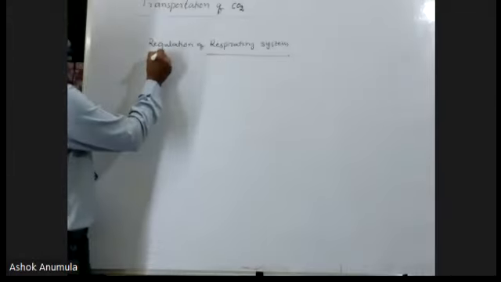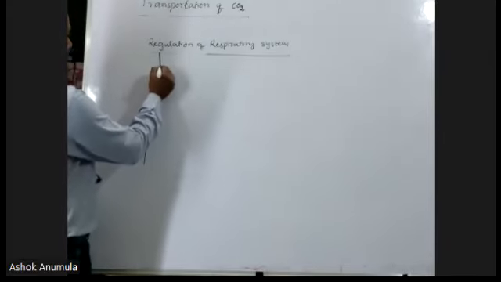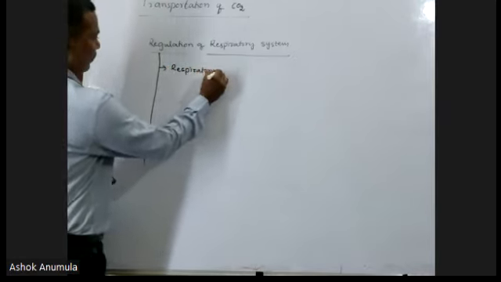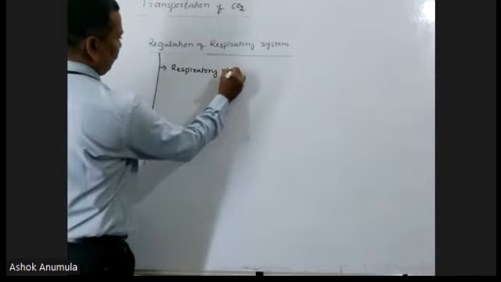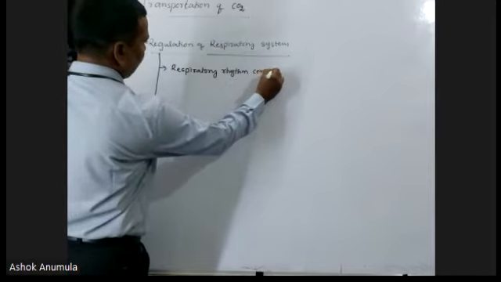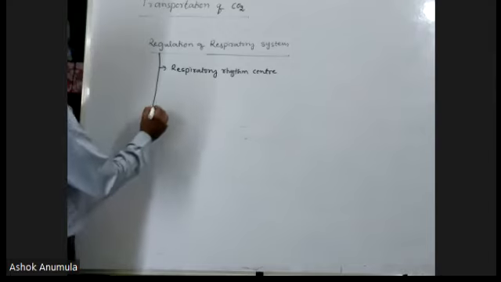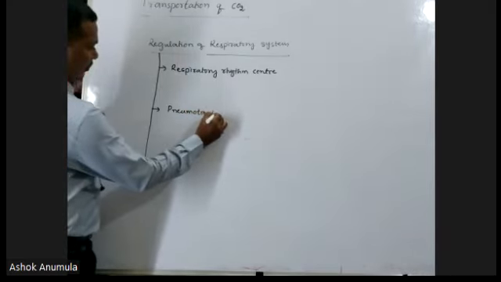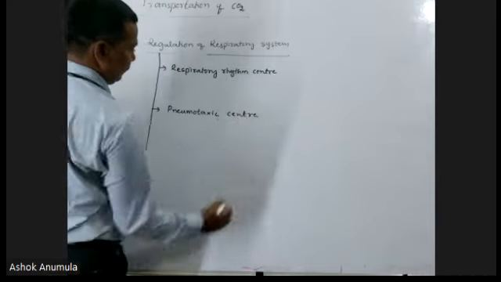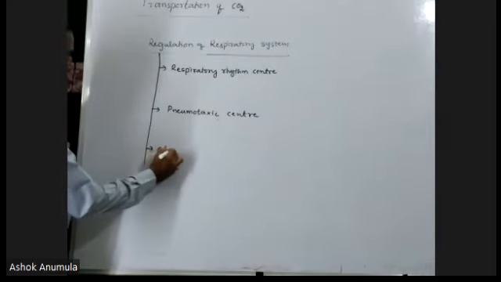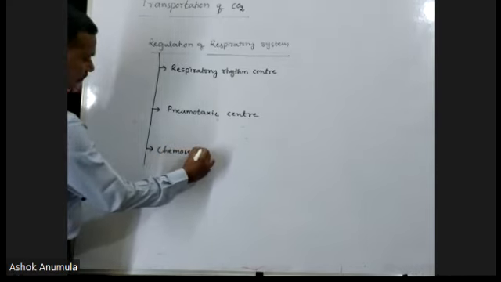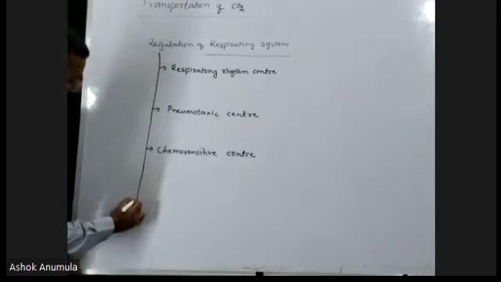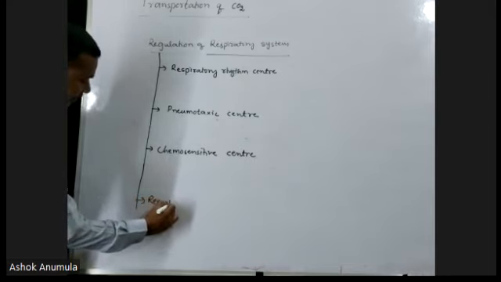Four areas regulate the respiratory system. They are the respiratory rhythm center, the pneumotaxic center, third, the chemosensitive area, and fourth, the receptors.